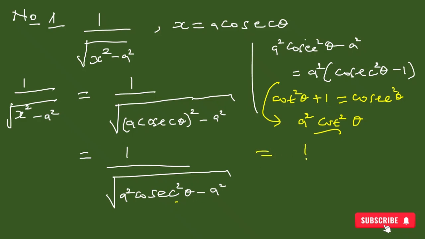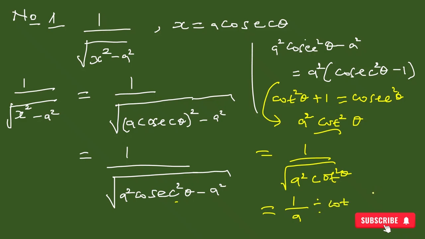So this is 1 over the square root of a squared cot squared theta. The square root goes with the squares, so we remain with 1 over a cot theta.